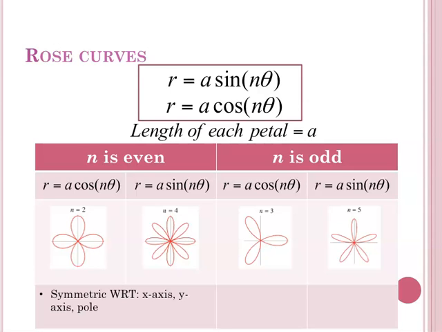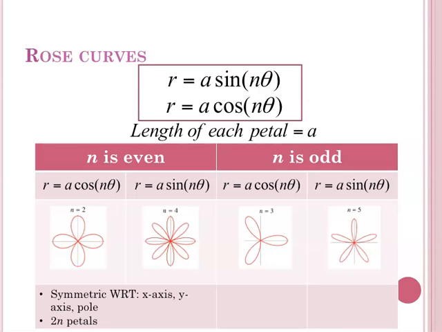So there's symmetry in 3 different ways. And then secondly, when n is even, 2 times whatever that number n is gives you the number of quote-unquote petals that the curve will have. So it has 2n petals.